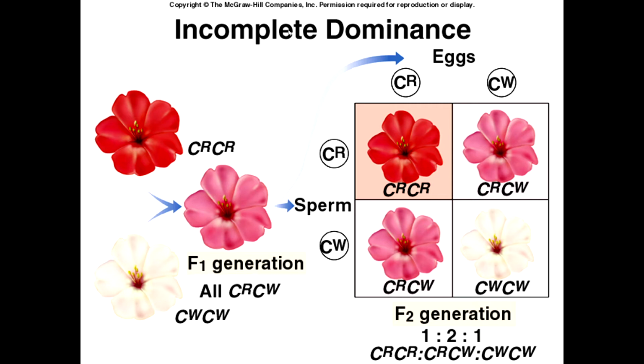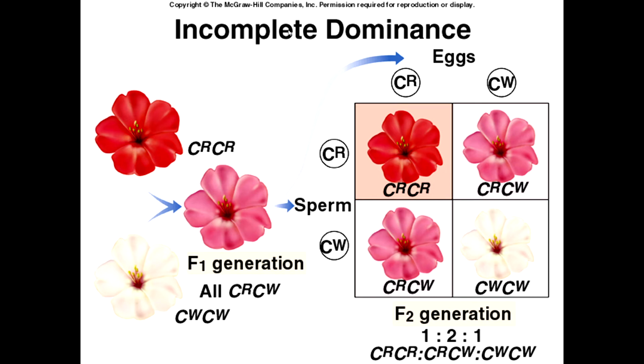That way I don't get mixed up by accidentally putting a big A and little a, because if I put a big A and little a down for my key, that tells me I'm dealing with dominance, and this is not a dominant situation. This is incomplete dominance. So when you see that word, write down A1 and A2.